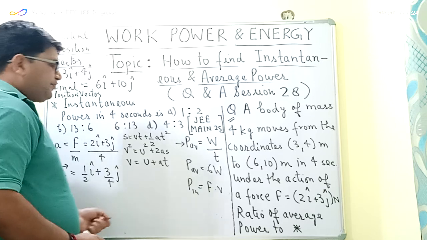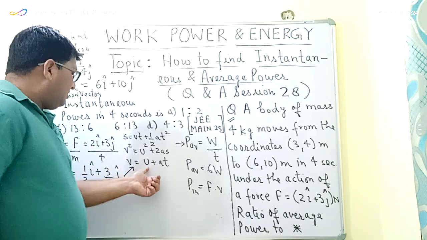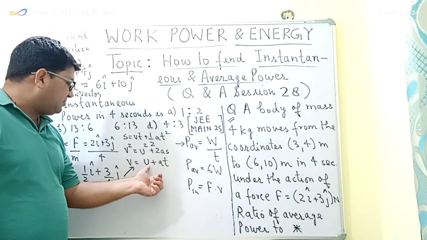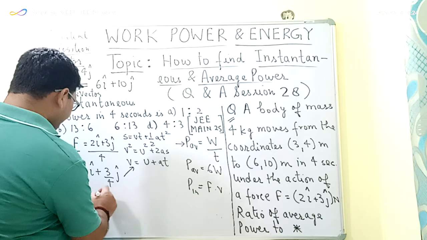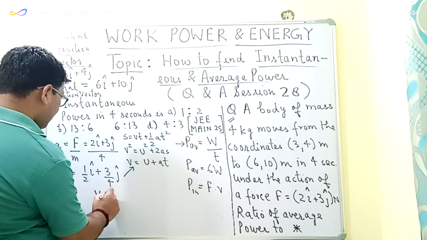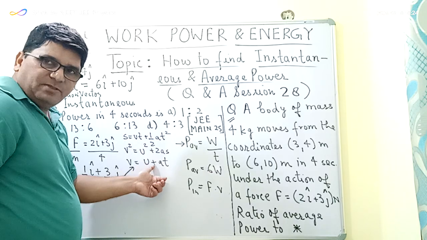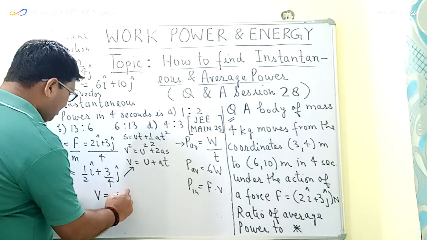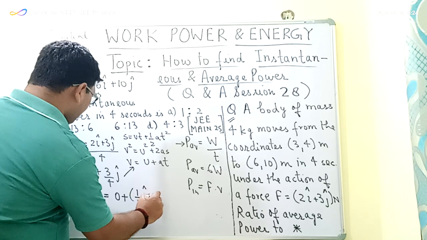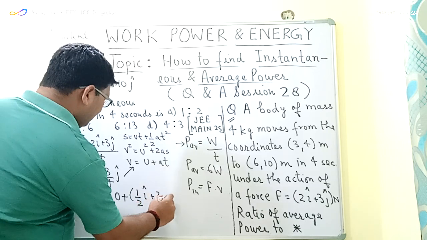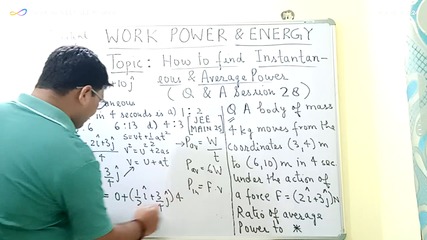Now I will be using this equation: v is equal to u plus at. Here v is the final velocity, u is the initial velocity, a is the acceleration, and t is the time. So the velocity of this body after 4 seconds will be, now here u will be equal to 0 plus a, which is given to us, equal to 1 by 2 i cap plus 3 by 4 j cap, and into t, which is 4.